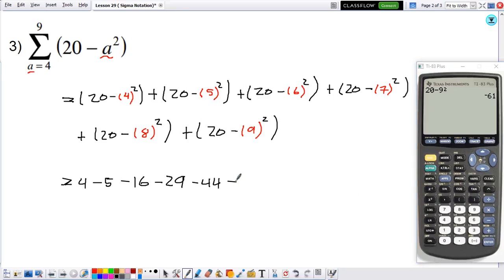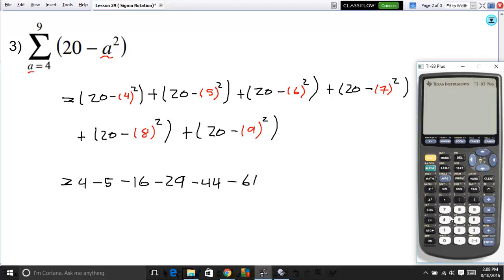All right, so we evaluate each one of those expressions. So now our last step is just figure out what this is, put it in the calculator. So we got 4, you take away 5, then you take away 16, and then you take away 29, and then you take away 44, and then you take away 61.